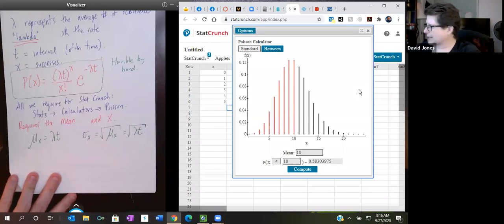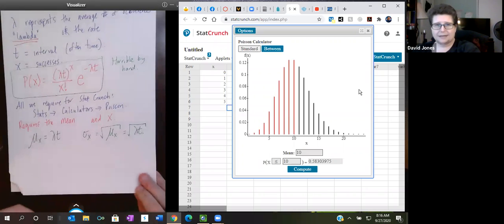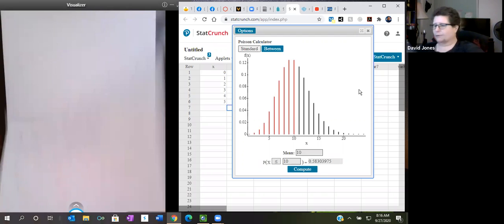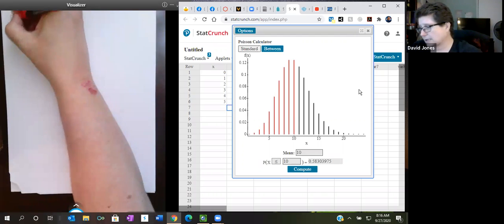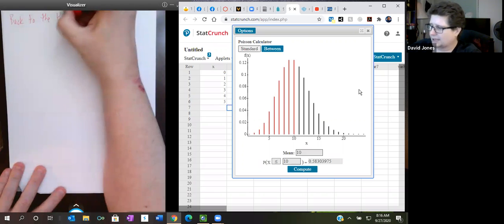So let's go back to our chocolate problem. Pause that if you need it up longer. Back to the Hershey's bar and insect filth.